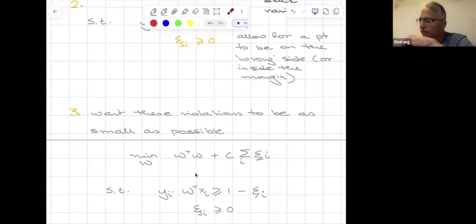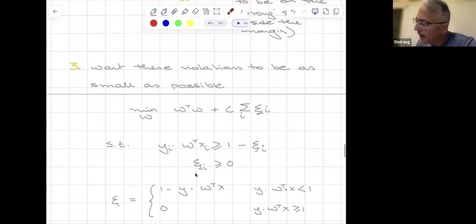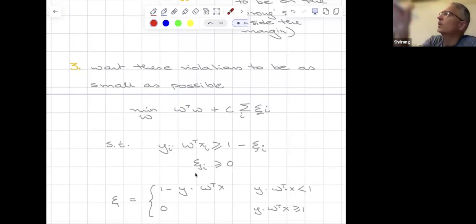What is psi? If y into W transpose X is greater than or equal to 1, psi is just 0. If it is less than 1, that means it's closer to the margin, including if it's on the other side, to what you were saying. I'm going to set it to 1 minus y W transpose X. What is W transpose X? It's just the distance. So 1 minus that distance.